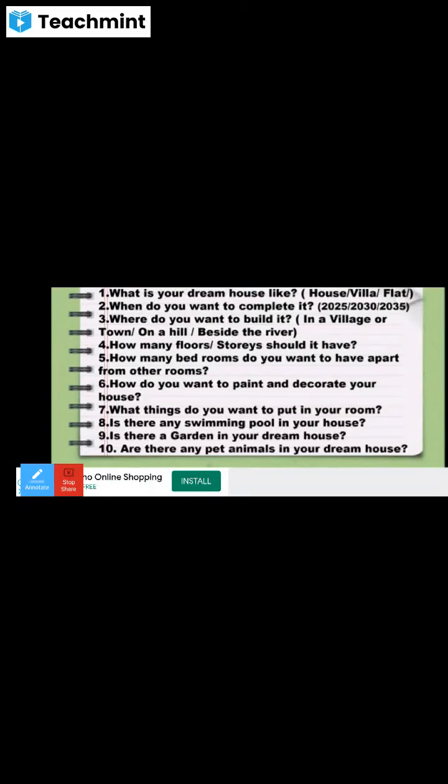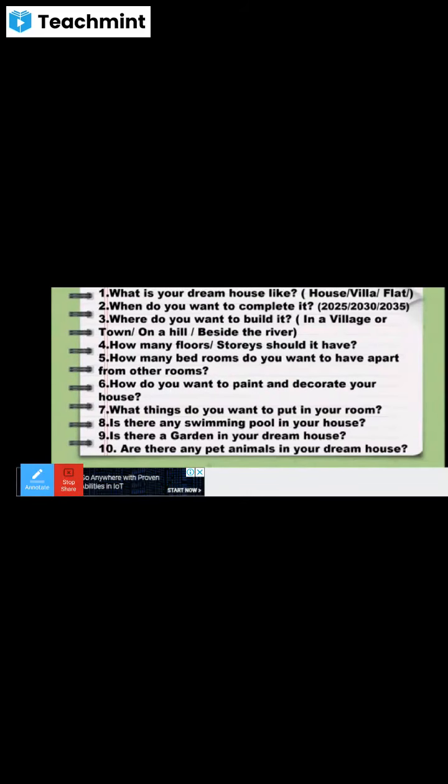Is there any swimming pool in your house? If you want a swimming pool, you can imagine a swimming pool in front of your house or in the backyard, like you see in the movies, at the back or front of the apartments.